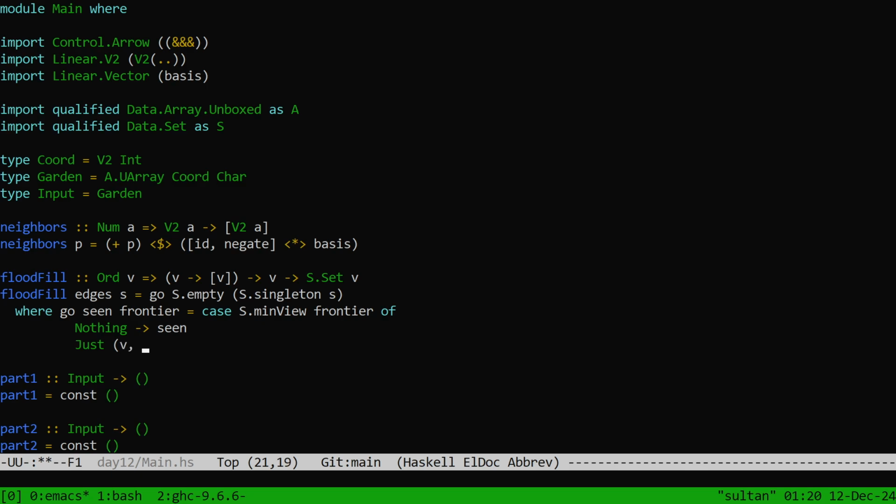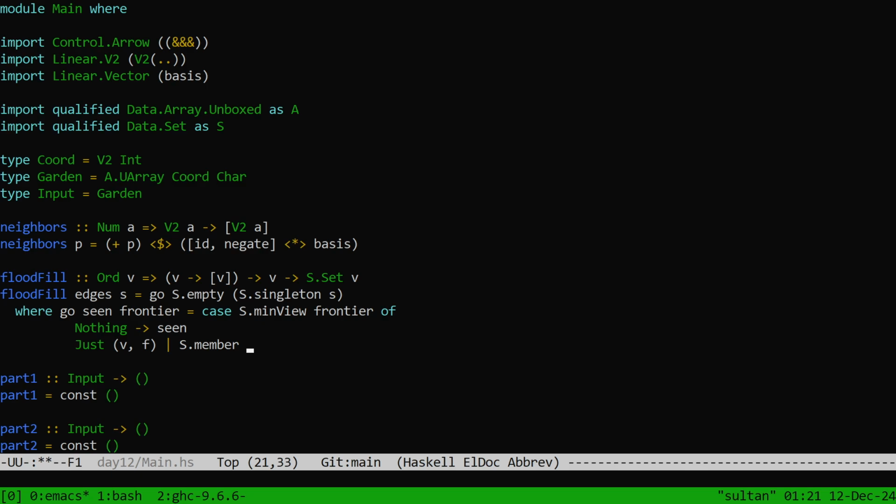So V, F. If S.member, and what order does member take its arguments in? Takes the key and then the set, or the element and then the set.